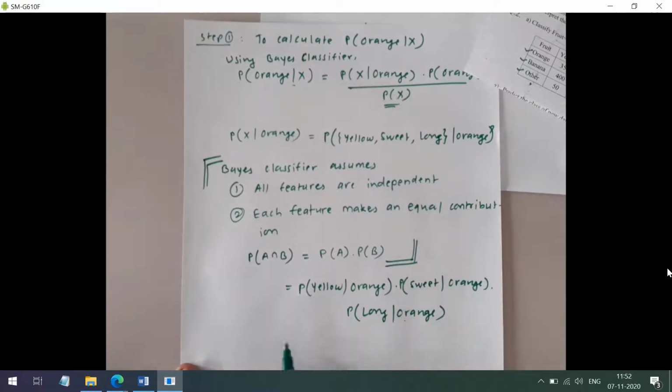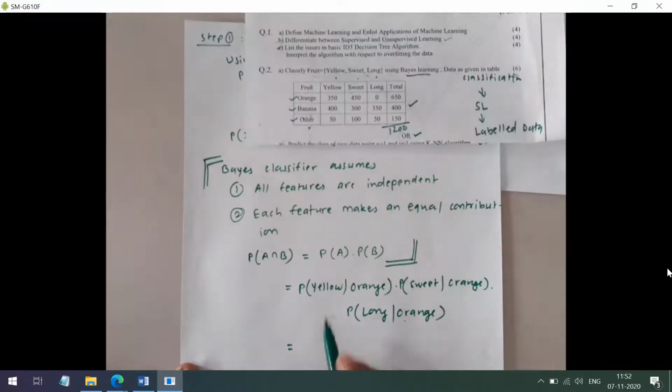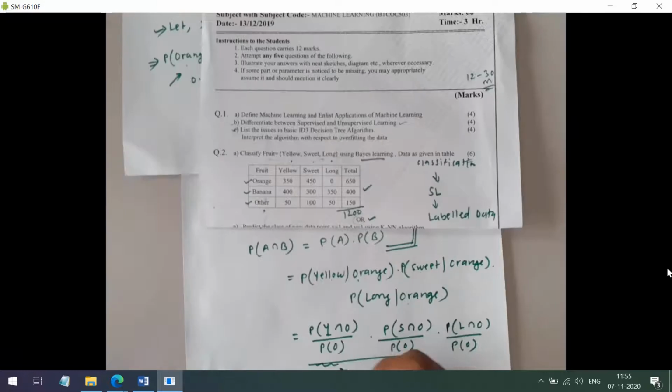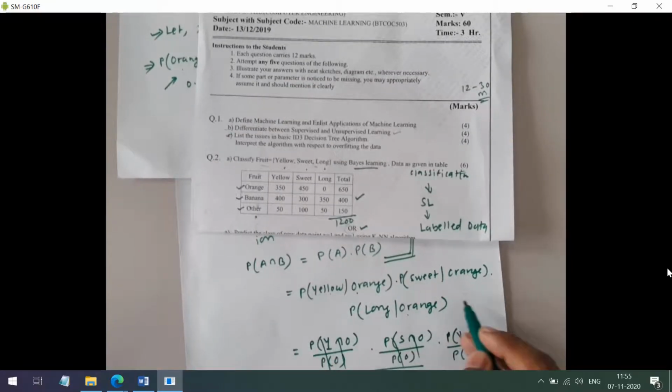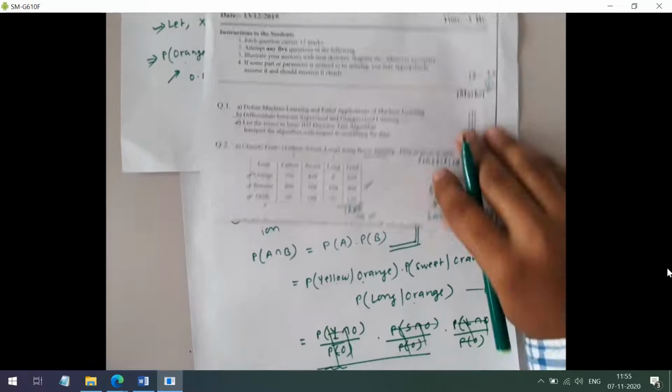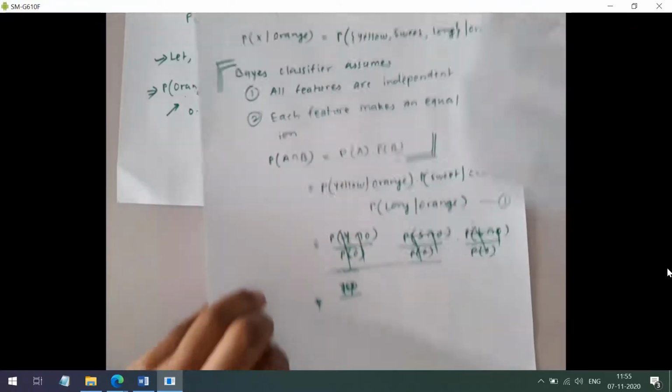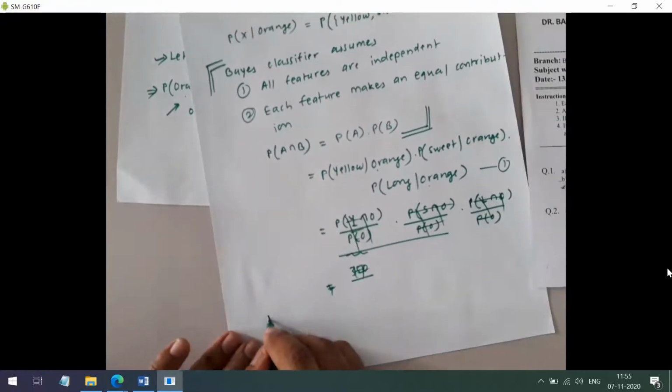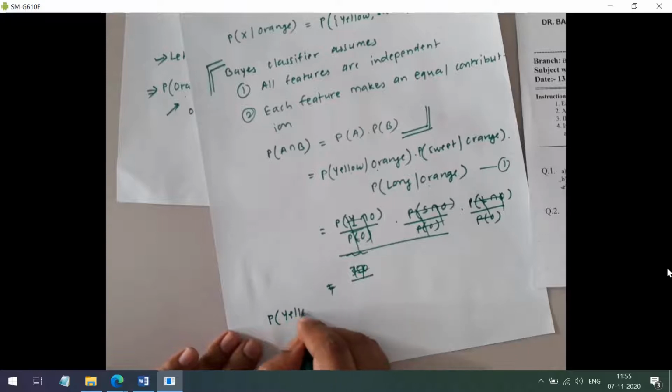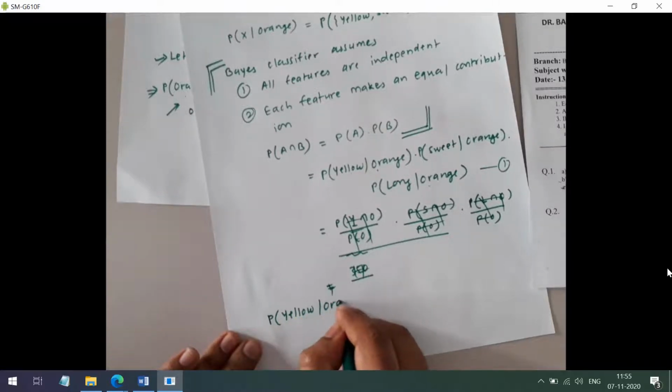Now from the given data we can actually calculate this probability. These are conditional probabilities, right? Actually we have to use the Bayes classifier equation here also. First we will calculate, so we will resume here later on. First we have to find out the value of this term, probability of yellow given orange.